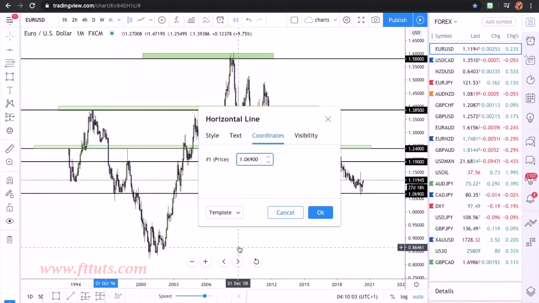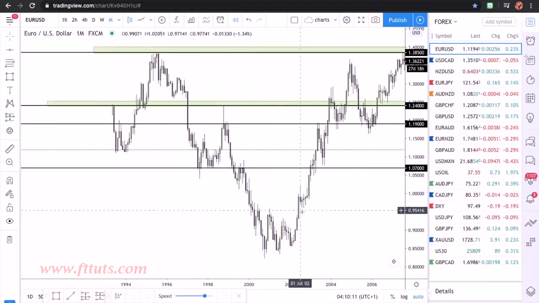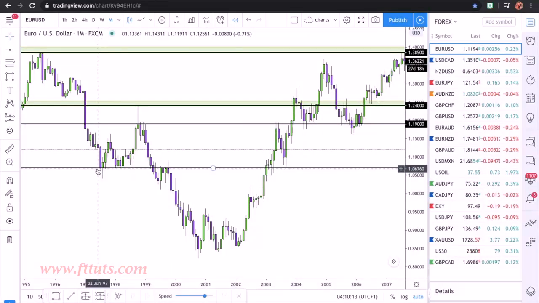So we're going to round it to 107. Okay, so tested, closed above. So tested here, wicked past, closed above, candlestick is above the line, then tested that line, tested here a couple times too. Broke through, tested, then came up, tested again, closed below that 107, boom.